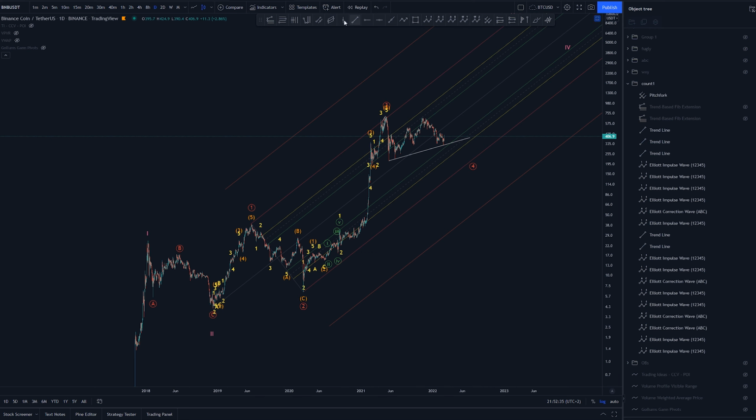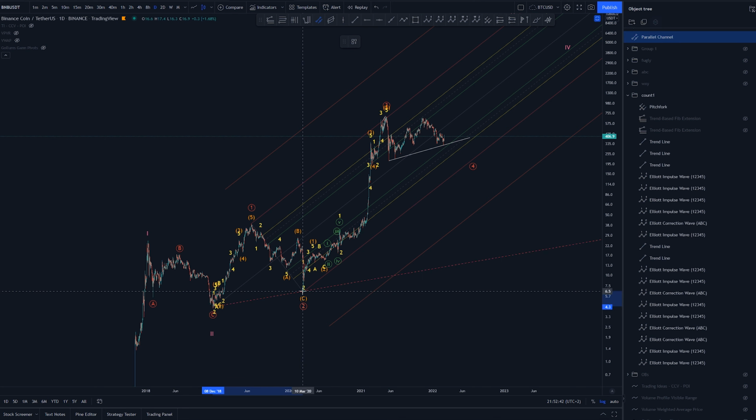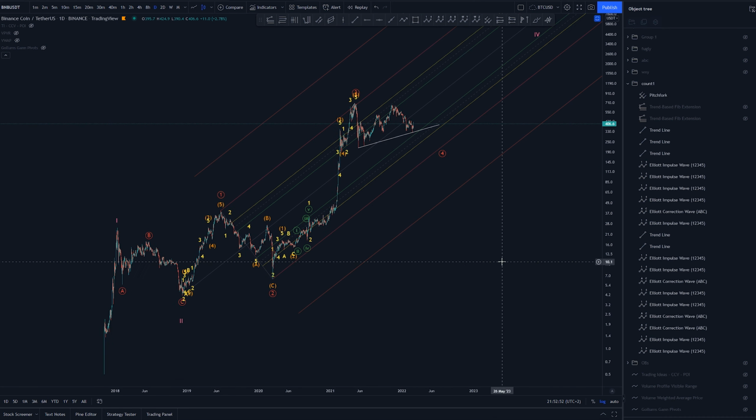Other way to channel this before the third was of course this base channel, but obviously as it's a base channel it will get broken, and this is just a confirmation that this is a bullish move, so there's not real value on that.